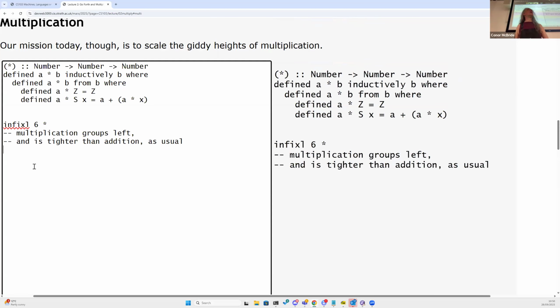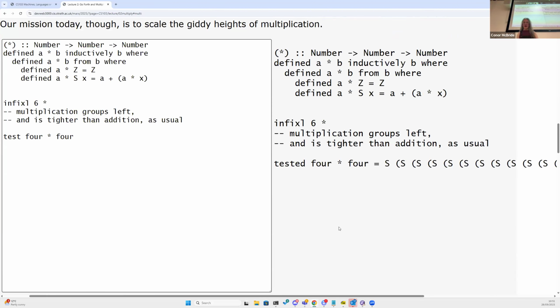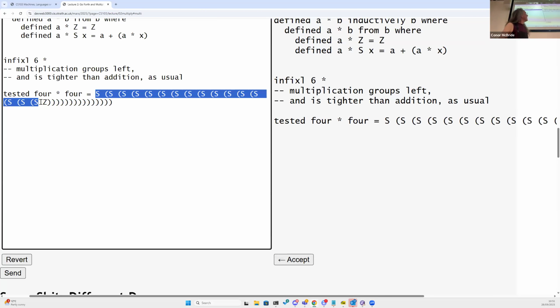Let's test 4 times 4, shall we? Yes, here we go. And if you count very carefully, you'll see that there's quite a lot of successors. It's 16.